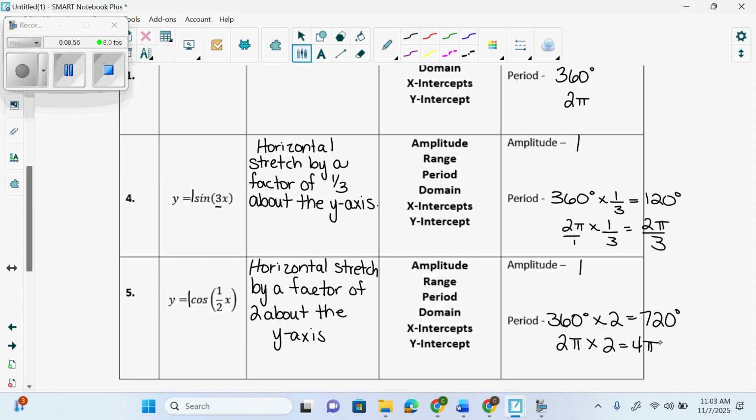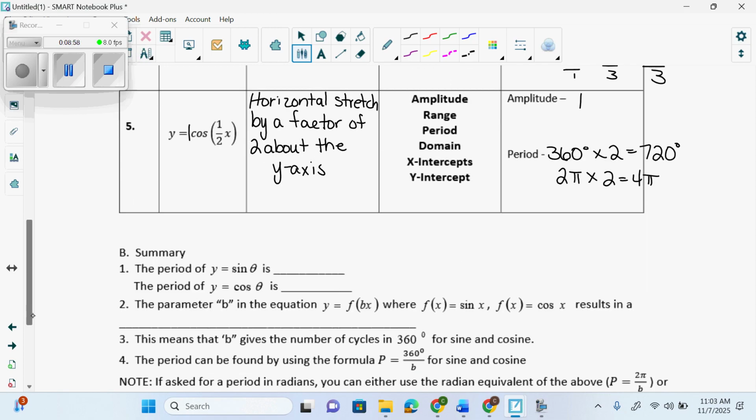Okay, below it says, the period of y equals sine theta is what? The basic sine theta, what is it? 360 degrees or 2 pi. The period of cos is 360 degrees or 2 pi.